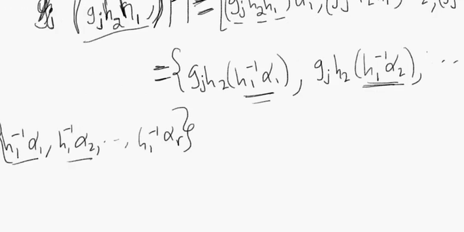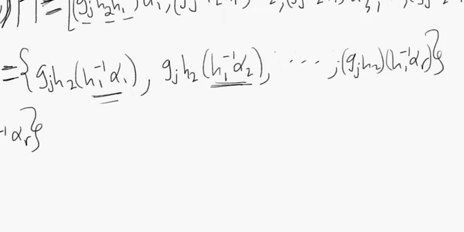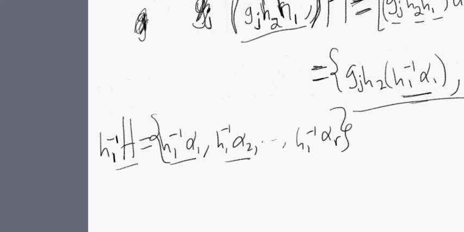So the idea is, if we look at the elements in our set over here, the things that we put in brackets, H1 inverse alpha 1, H1 inverse alpha 2, H1 inverse alpha r, is just some permutation of the subgroup H, right?